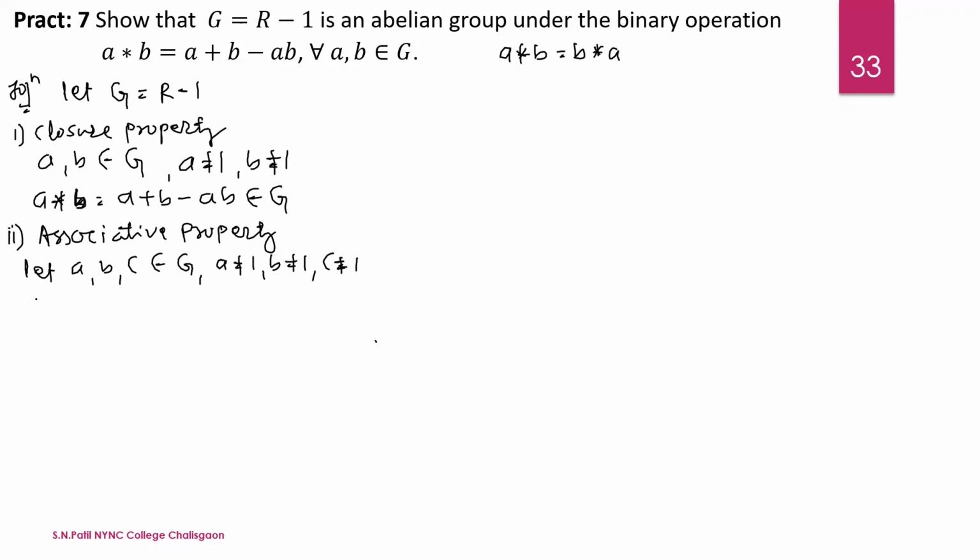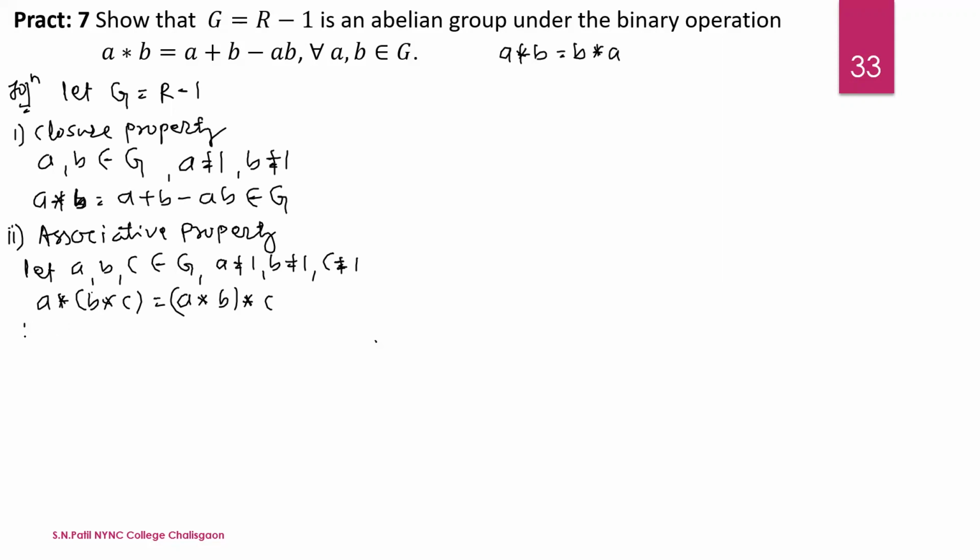In the associativity property, we show that a star (b star c) is the same as (a star b) star c. First we simplify the left hand side, then the right hand side.